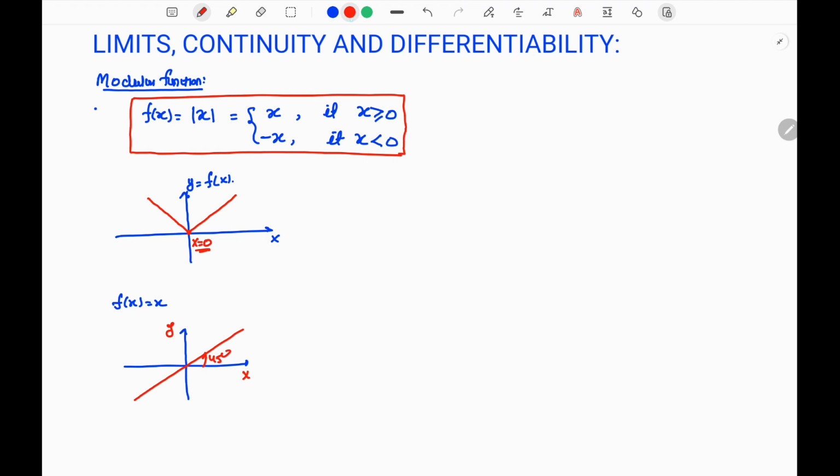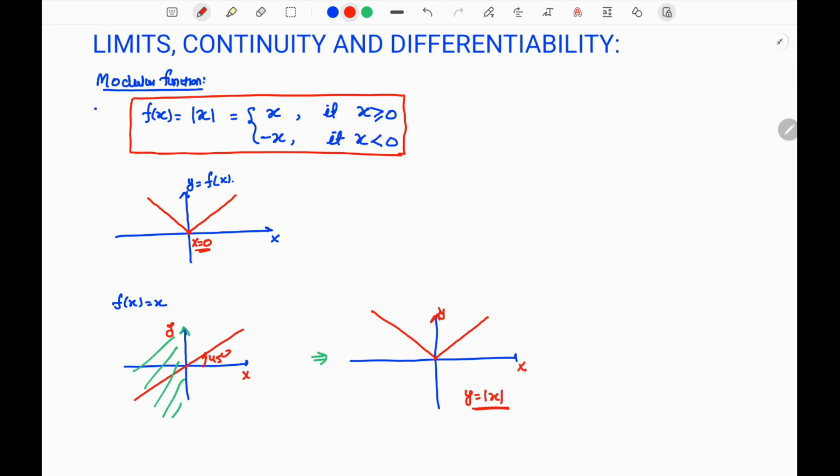And then to take the modulus of x, we have to remove this left hand side portion and take the mirror image of the graph about the y-axis. So this is the remaining graph, and then we take the mirror image about the y-axis. The mirror image will be here. So this is y equal to mod x. This is the modulus function.